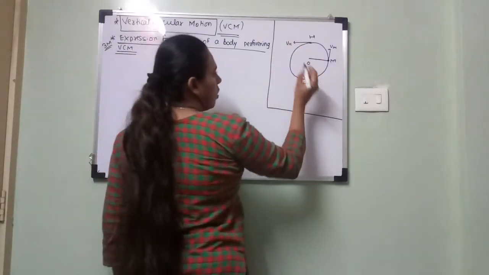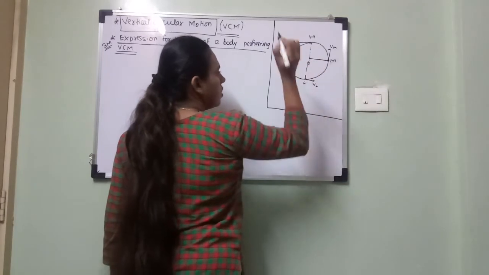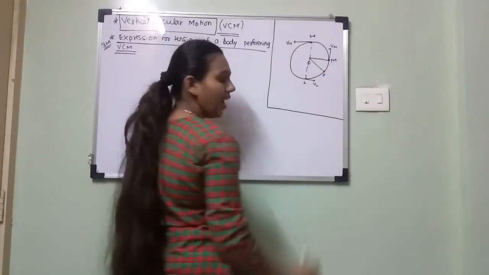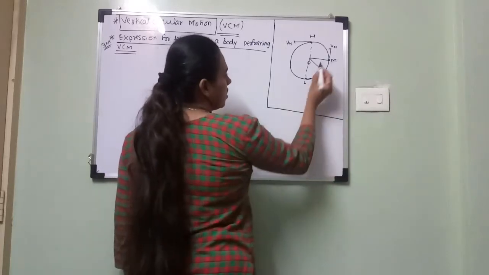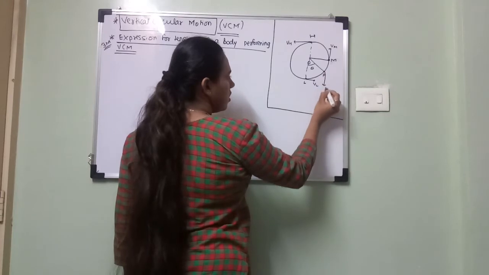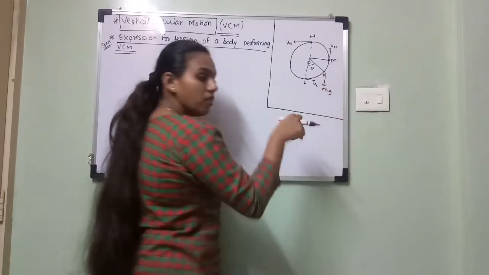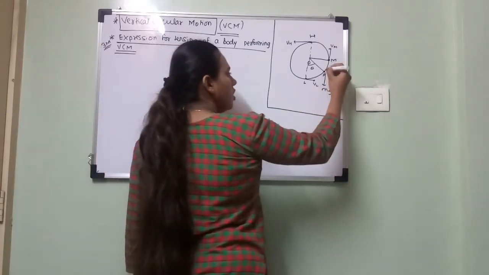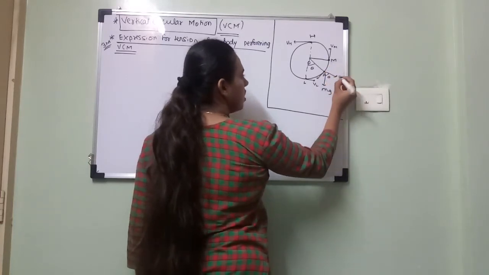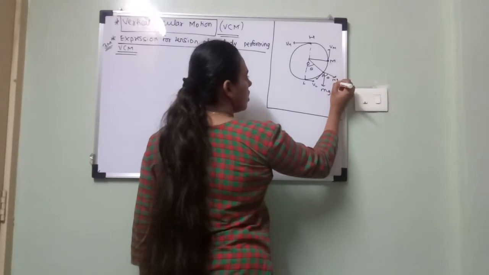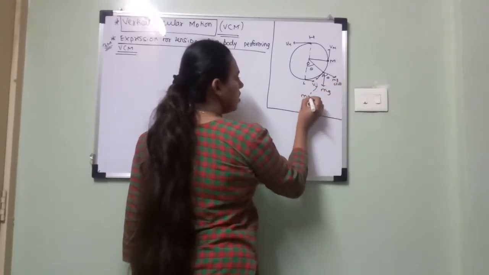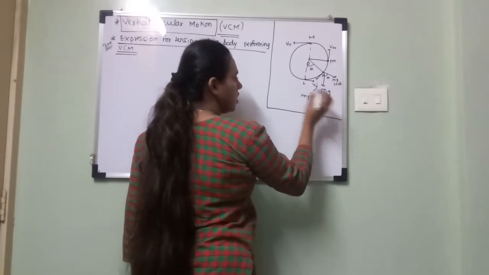Okay, now suppose we consider any point P at this position. This is angle theta. The weight acting on it will be in downward direction, mg. You will resolve it into two components. This is theta, this will be mg cos theta, and this component will be mg sin theta.